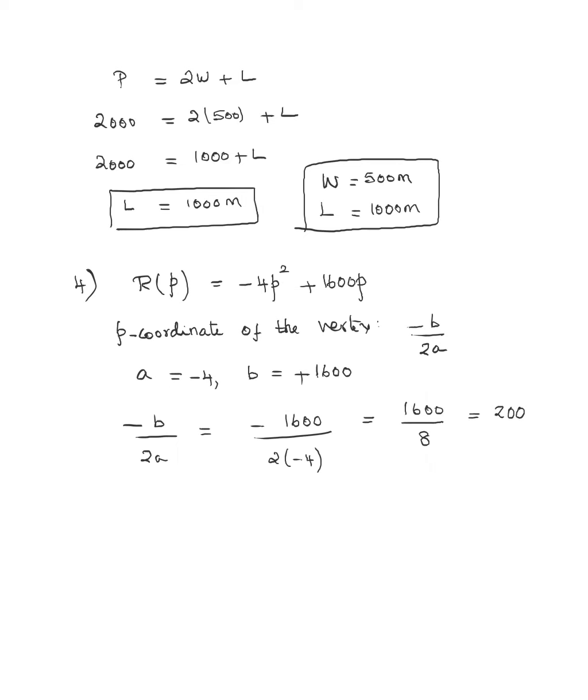Now we are not done yet. We still have to find the R, that is R of the vertex. So plug in the price wherever the p comes, and we get the maximum revenue.